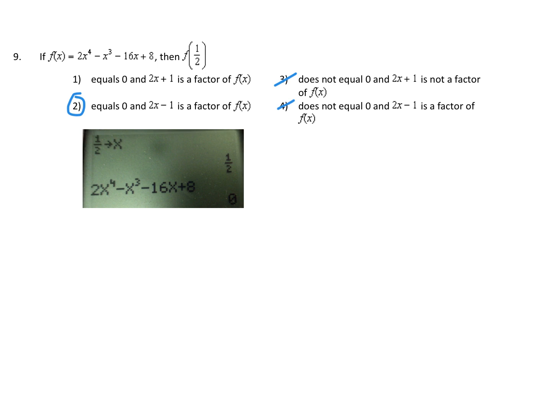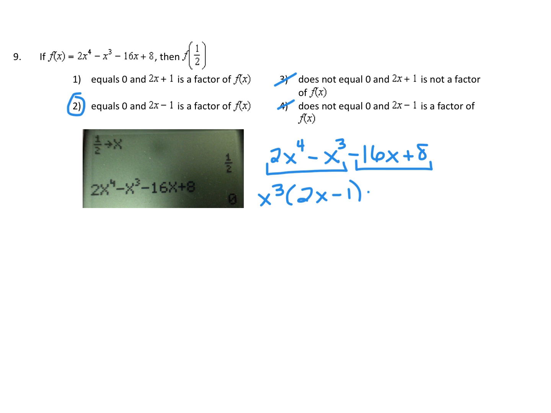But even if you don't see that, let's just factor this, and we'll see that we do have a factor of 2x minus 1. All right, so I just rewrote over here what f of x is equal to, and let's do grouping. So out of the first 2 terms, I could pull out an x cubed, which will leave me with 2x minus 1. And out of the last 2 terms, I could pull out a negative 8, which will leave me with 2x minus 1.